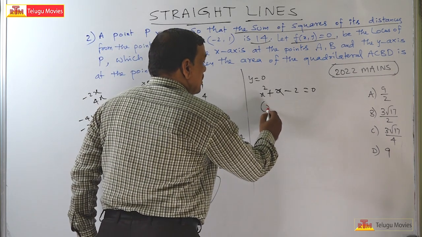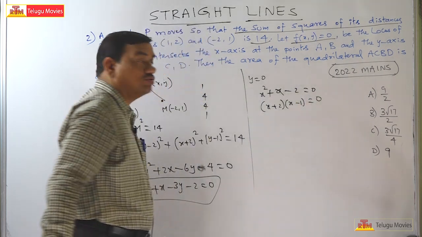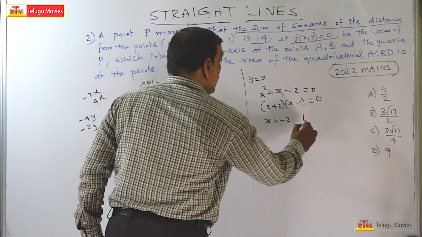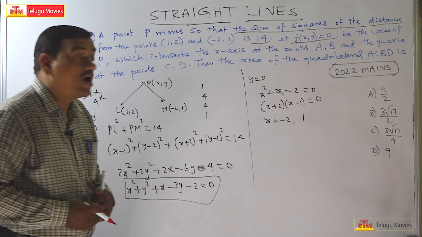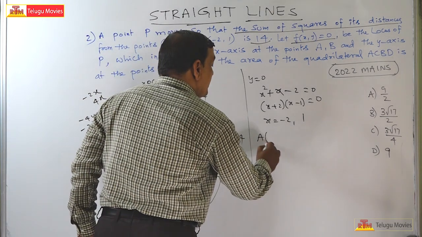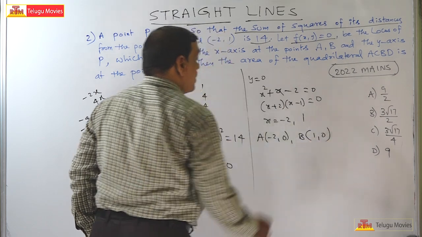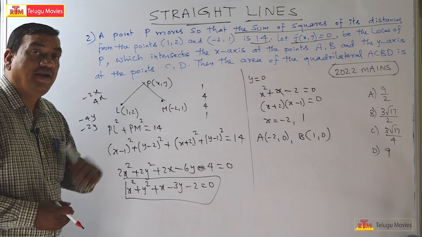So the factors are (x plus 2)(x minus 1) is equal to 0. Therefore x is equal to minus 2 or 1. Therefore what are the coordinates of the points A and B? Your A is (minus 2, 0) and B is (1, 0). Clearly we got the coordinates of A and B.